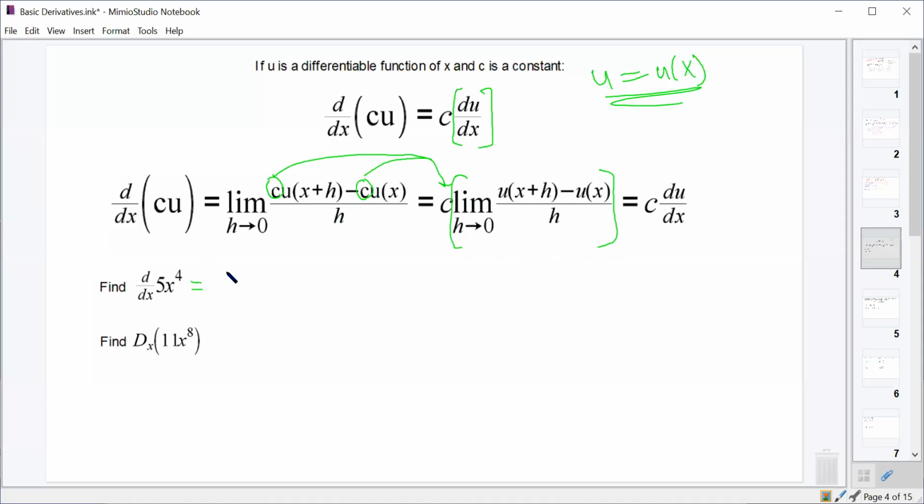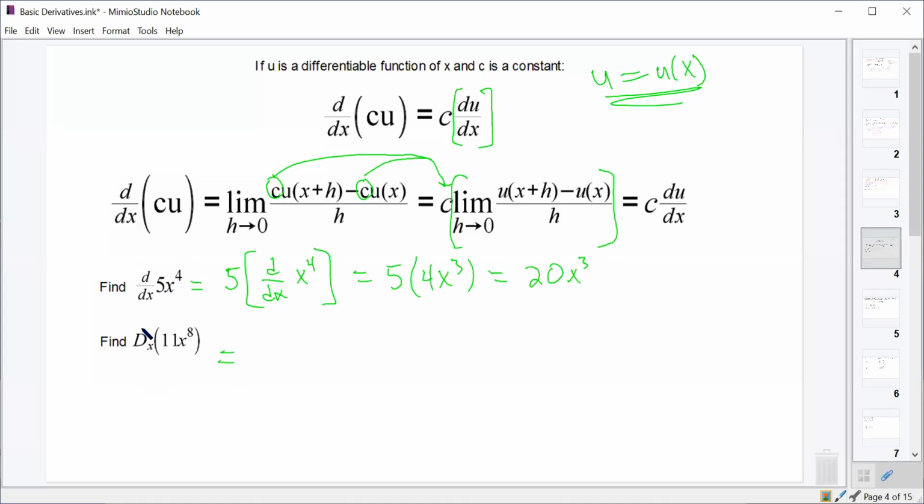All right. So the derivative of 5x to the fourth should be the same as 5 times the derivative of x to the fourth, which ought to be 5 times 4x cubed, or just 20x cubed. And you'll probably notice that writing this out in 3 different steps is not super necessary. I could have just taken the 4, multiplied it by the 5 to get the 20, and then dropped my power by 1, which is what we'll normally just do.